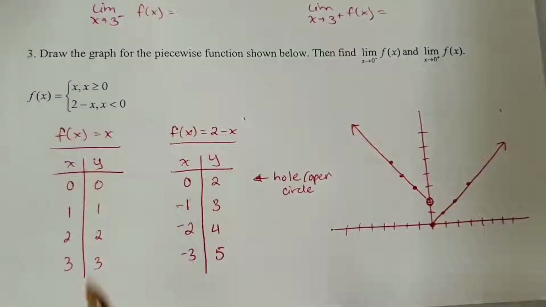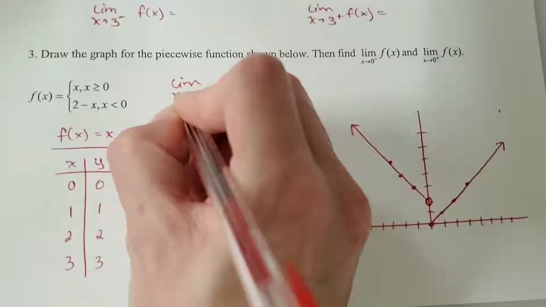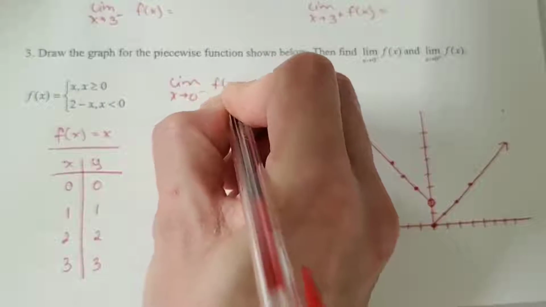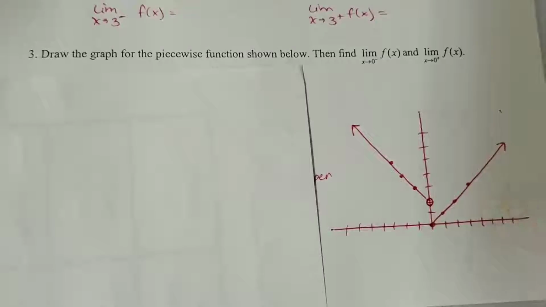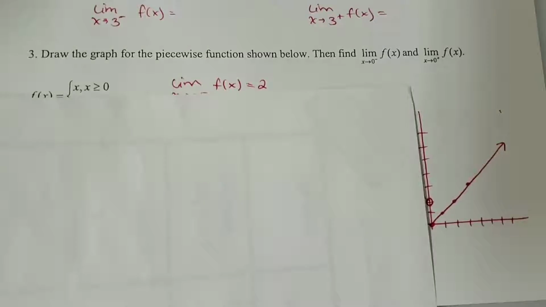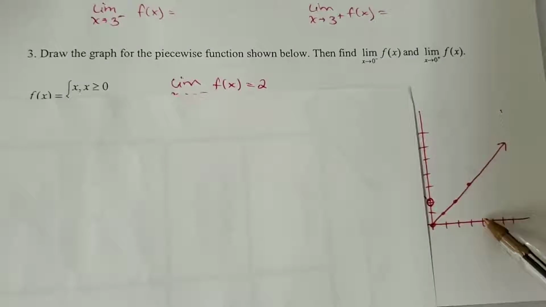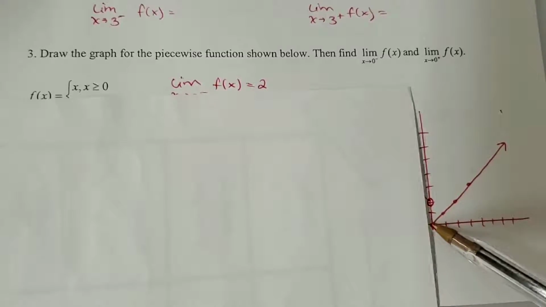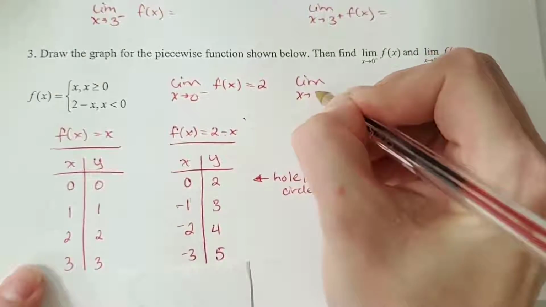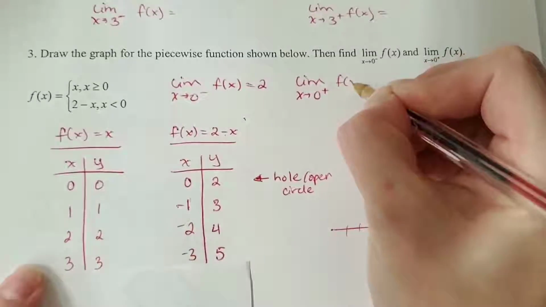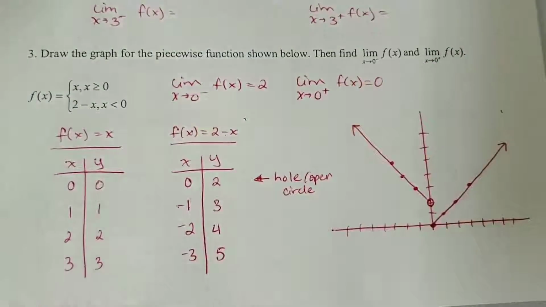So the limit as x approaches 0 from the left is 2. If I look at the right-hand limit, cover up that part, as I get closer and closer to 0, my height is getting closer and closer to 0. So the limit as x approaches 0 from the right is going to be 0.